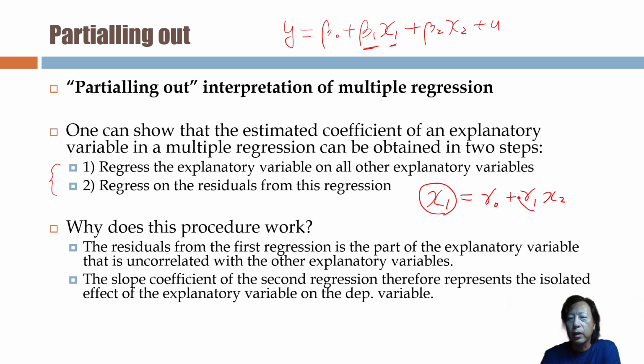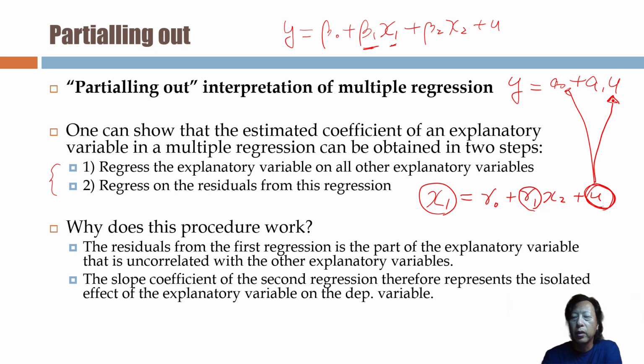Okay, and then you find out this gamma, and then there's a residual, right? So you collect all the residuals, and then you do the regression y equals a0 plus a1 times this u. So you put it here.